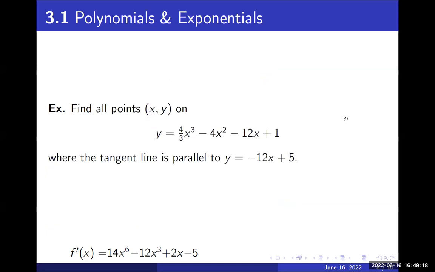Okay, let's try out this question on paper. Find all points x, y on this function, y equals 4/3 x to the 3rd minus 4x squared minus 12x plus 1, where the tangent line is parallel to y equals negative 12x plus 5. All right, I'm going to switch over here.